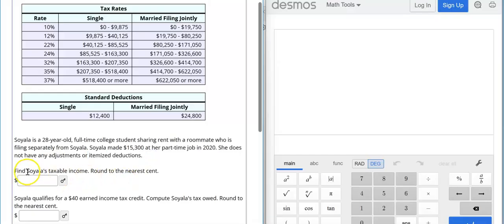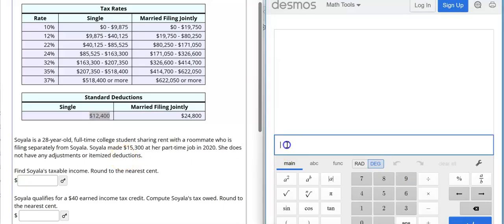Okay, the first question is find Solaya's taxable income. Solaya's income is 15,300, but notice that Solaya got the standard deduction from the IRS. So you subtract the standard deduction from her income, and that's the taxable income.